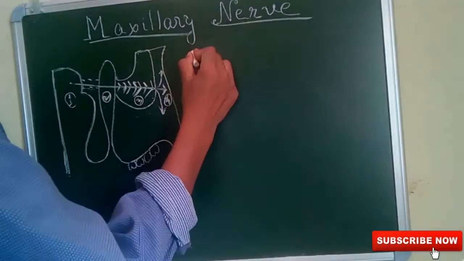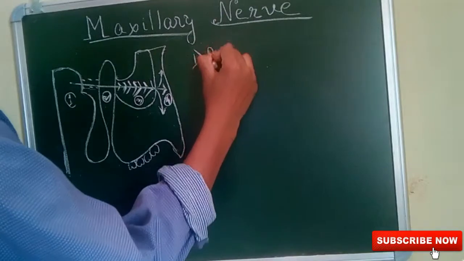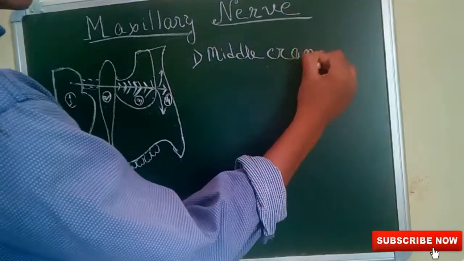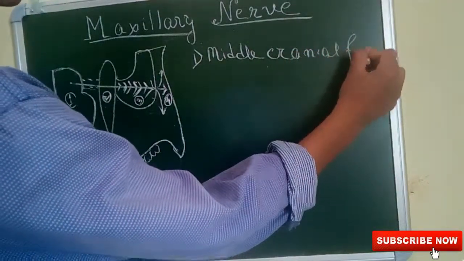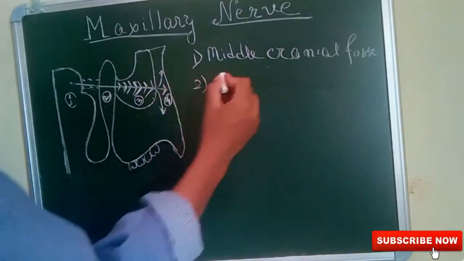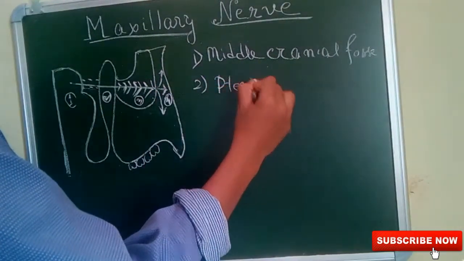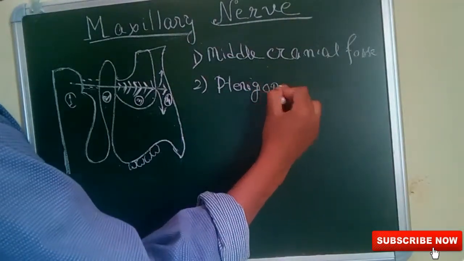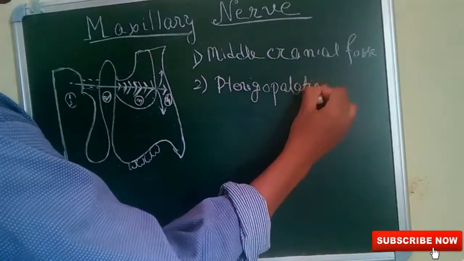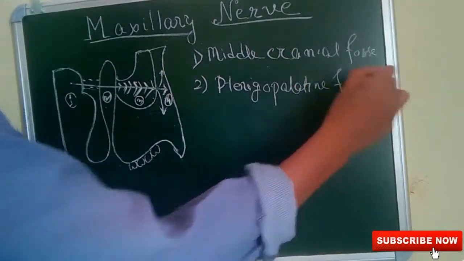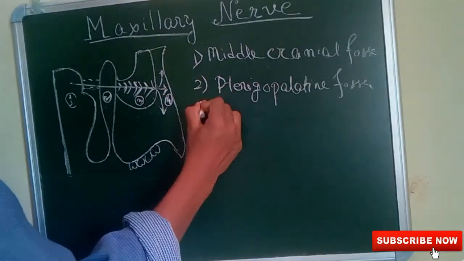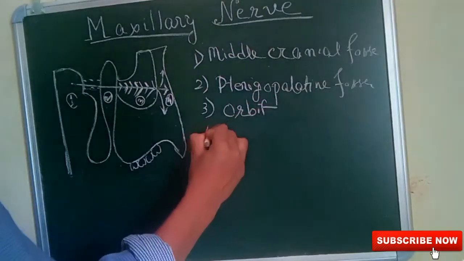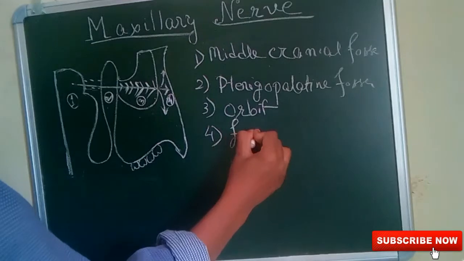So number one is the middle cranial fossa, number two is the pterygopalatine fossa, number three is the orbit, and number four is the face.